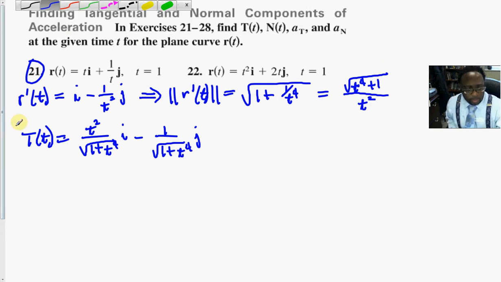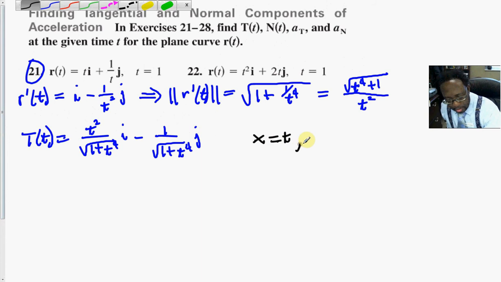Let's see if we can use our theory to figure out the normal vector without having to go through the steps. But then I'll still find the normal vector as well. Look at the path x is equal to t, y is equal to 1 over t.